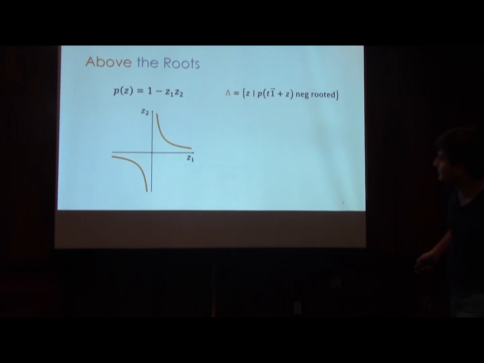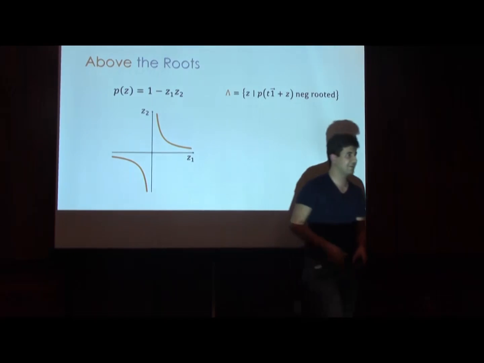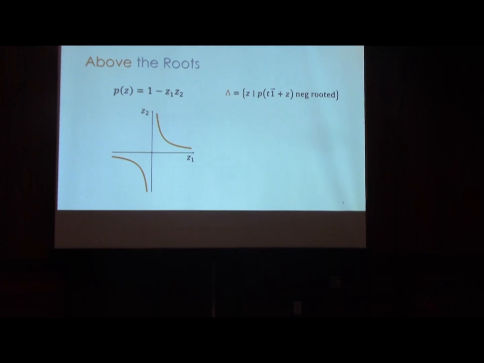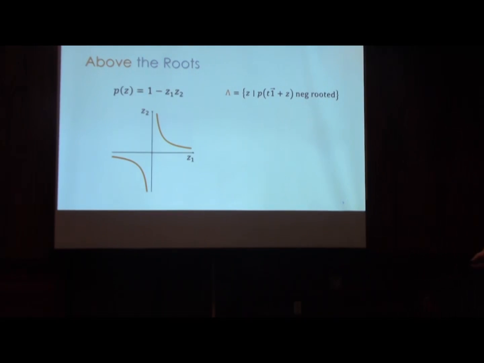I think the projector is not showing this very well, but this whole part is supposed to be colored. So that's what I mean by above the roots. Not this part, just this part. This would be the set of points such that they are the maximum root of these linear restrictions.